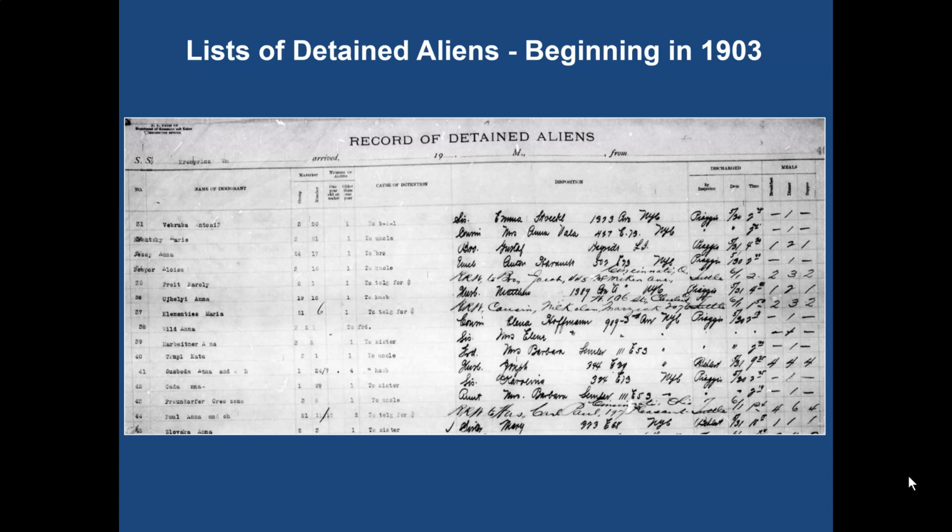So you'll also see their destination, which is often an address that they're going to with the person who's picking them up. And it will tell you how long they were there. You can tell how long they were detained by the number of meals, which is on the far right. Most people might have had only 1 or 2 meals, but you might notice that someone might have had to wait a few days for someone to come pick them up.